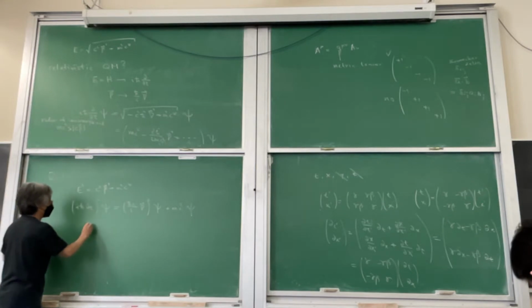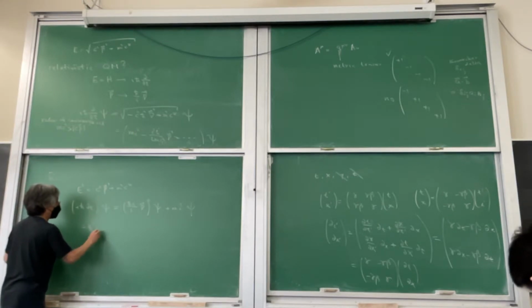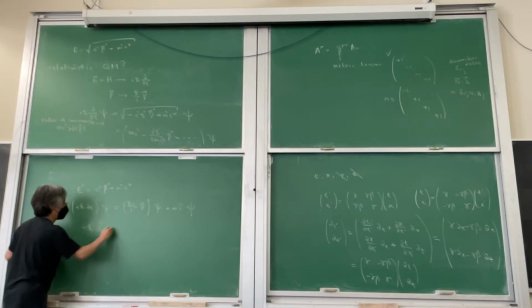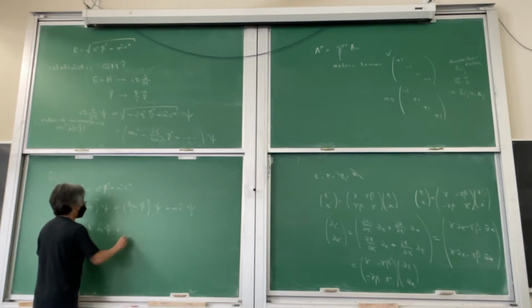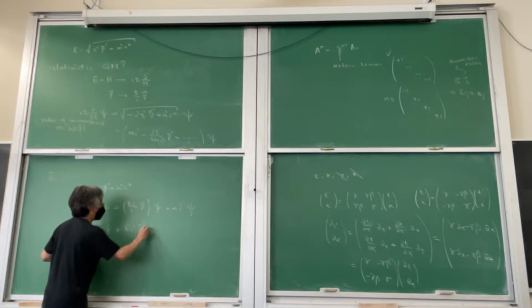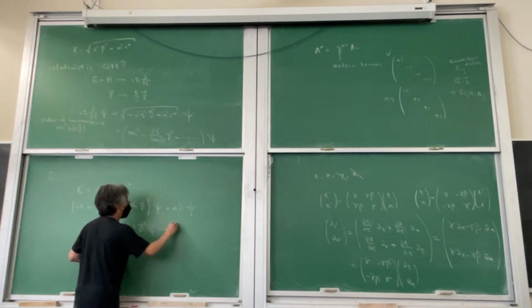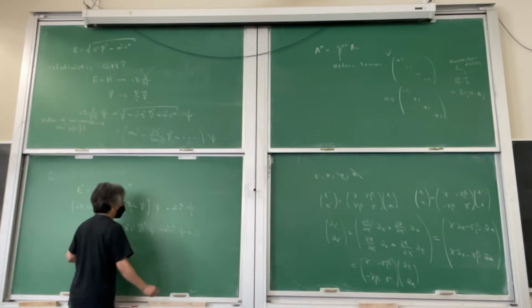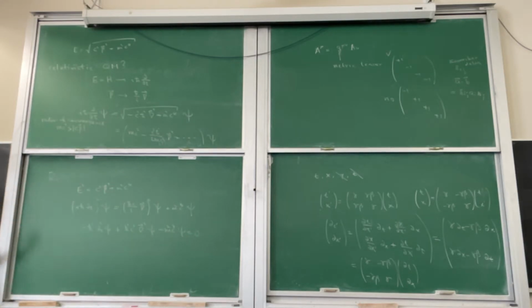And then I can just work it out. Sorry, this is supposed to go to square. And you can think about this equation.